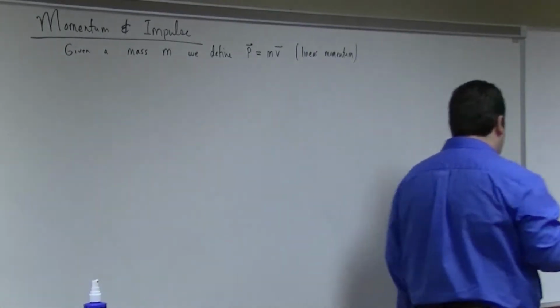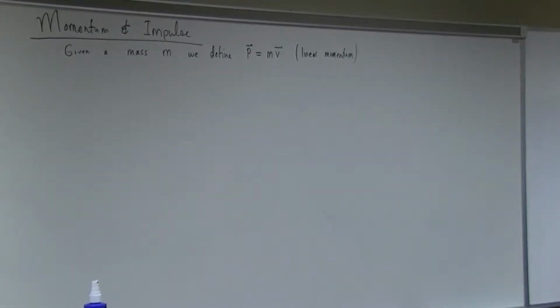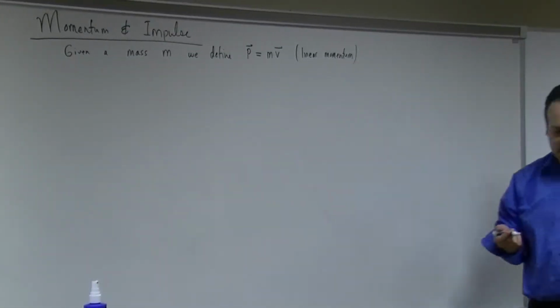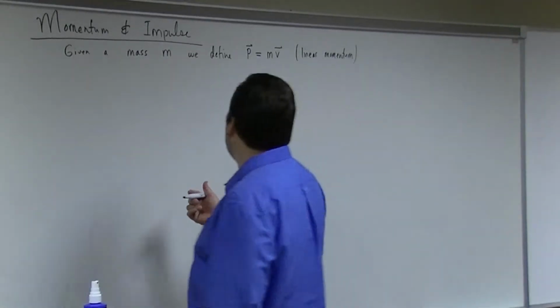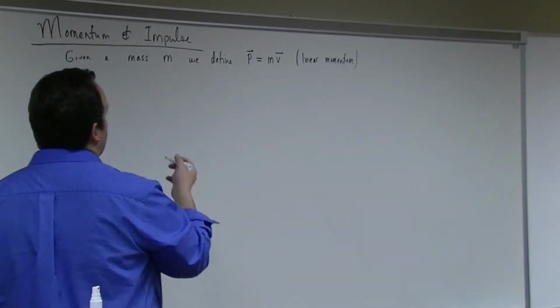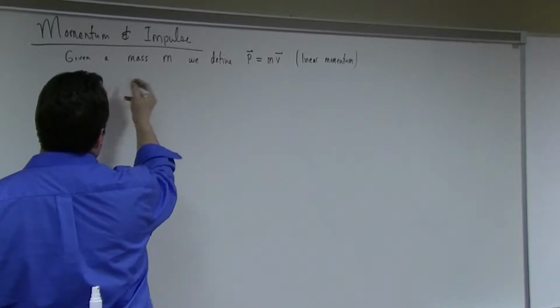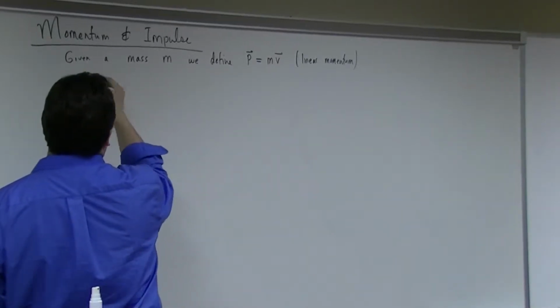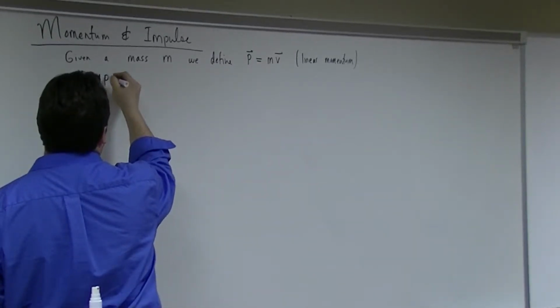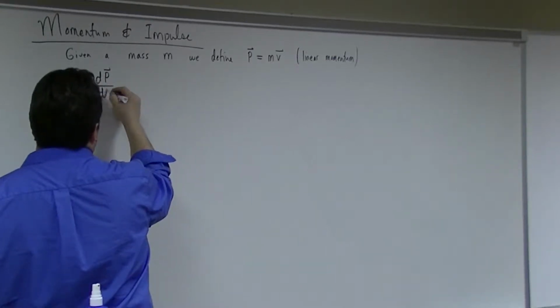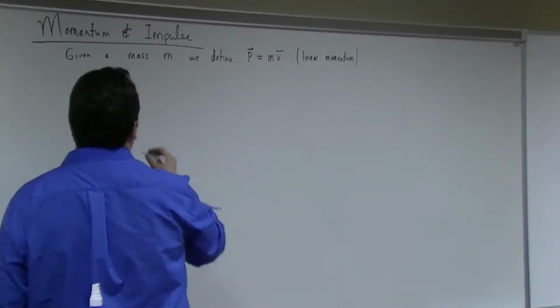So for a single particle, you can ask, how does the momentum relate to things we've talked about already? Like, why talk about momentum? Some good reasons for it, we'll see today. We could calculate the time rate of change of momentum. Usually derivatives are interesting, so let's take a look at it. What would dp/dt be?